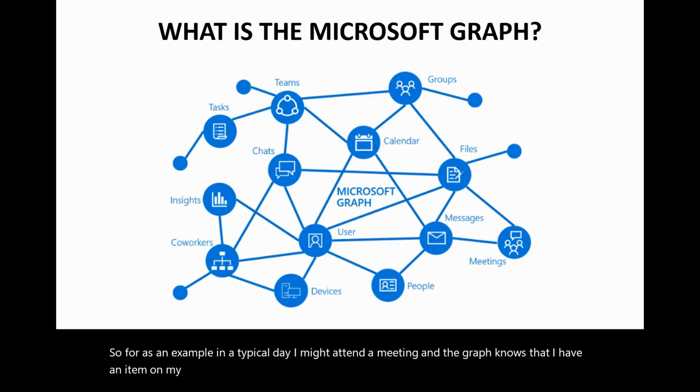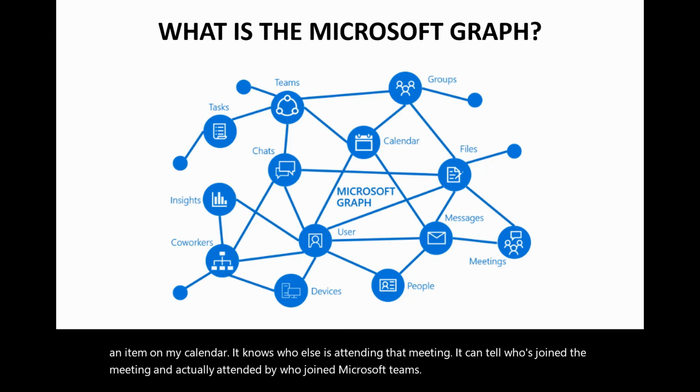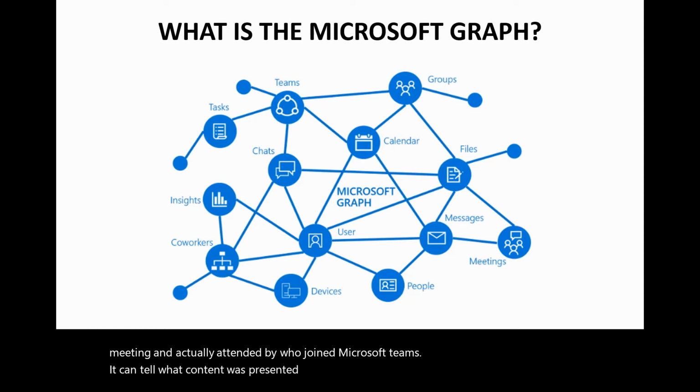It knows who else is attending that meeting. It can tell who's joined the meeting and actually attended by who joined Microsoft Teams. It can tell what content was presented in the meeting, what information was in the follow-up email, and that's just one example.